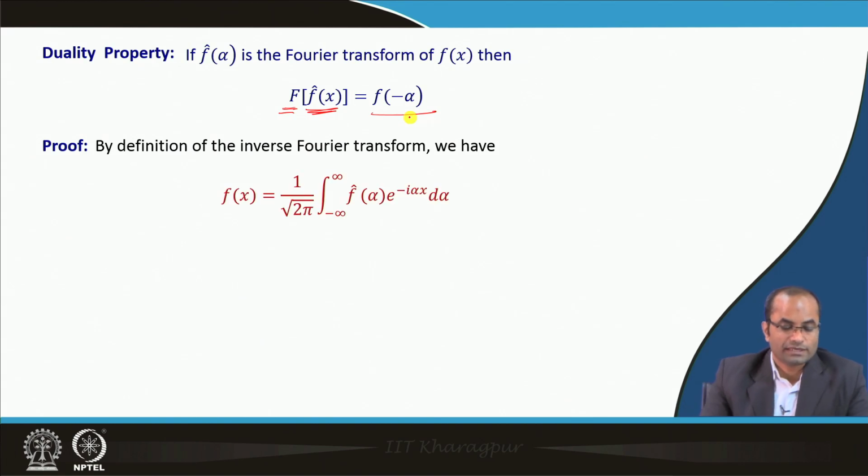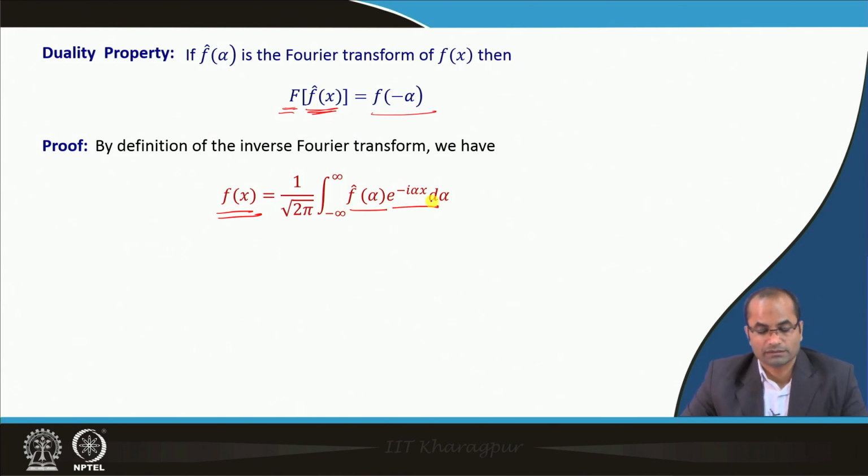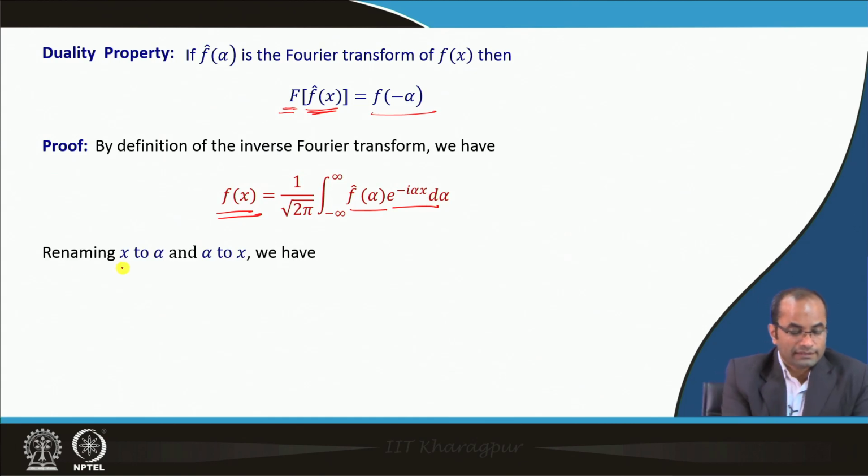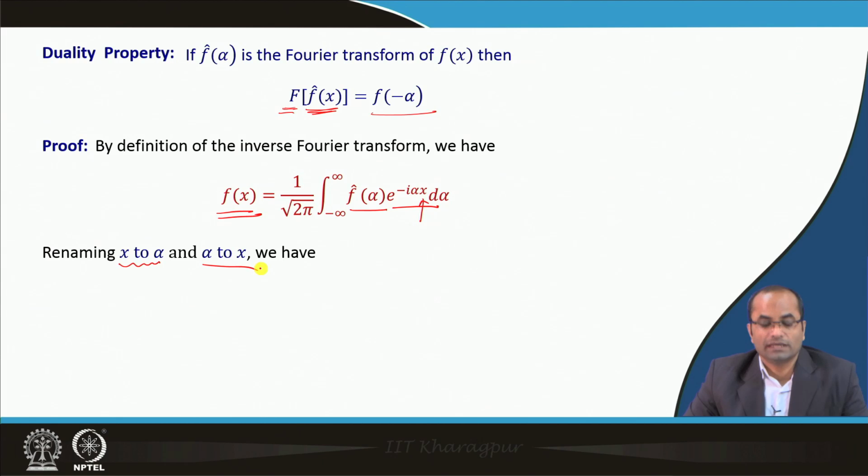We can check this with the help of the inverse Fourier transform. We know that f(x) is 1 over square root 2 pi, integral of f hat(alpha) e^(minus iαx) dalpha, and then we just need to rename x to alpha, and alpha to x, we just change their names.